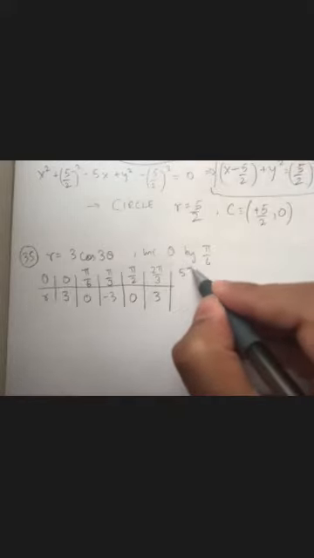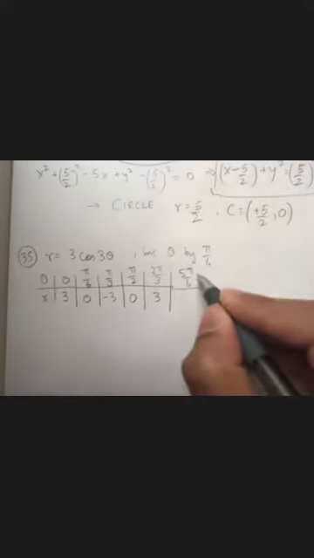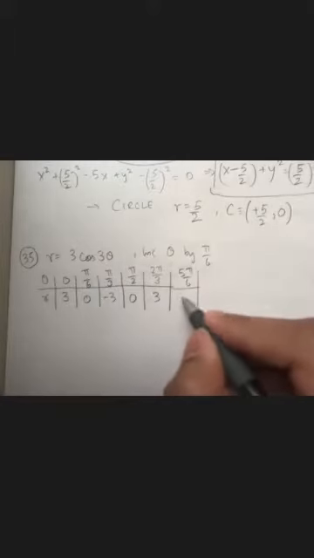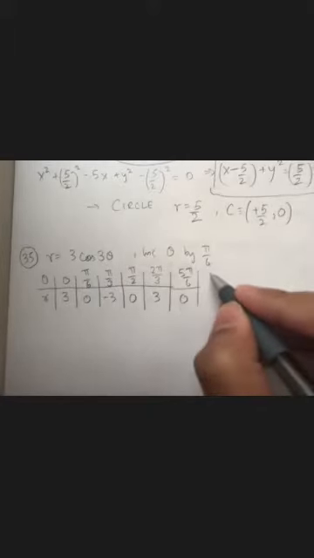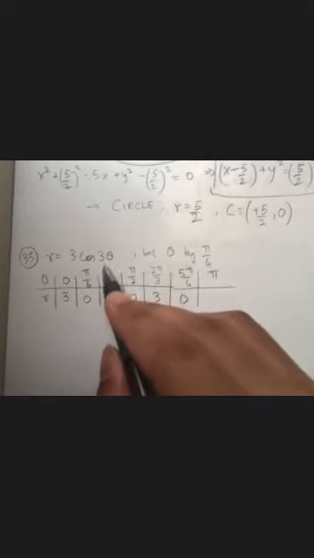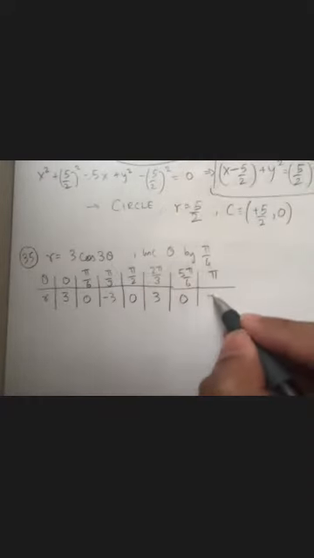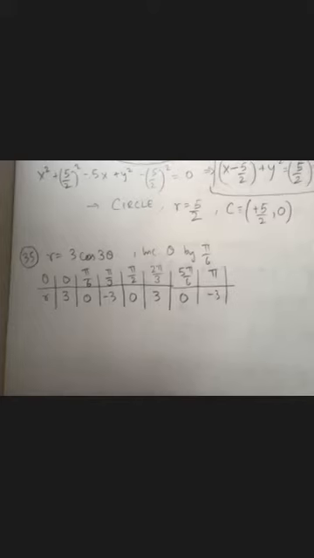Next we get 5 pi over 6. Cos 5 pi over 2 will be 0. And next we reach pi. Cos 3 pi is negative 1. So this table is very important and it will carry a lot of partial credit.